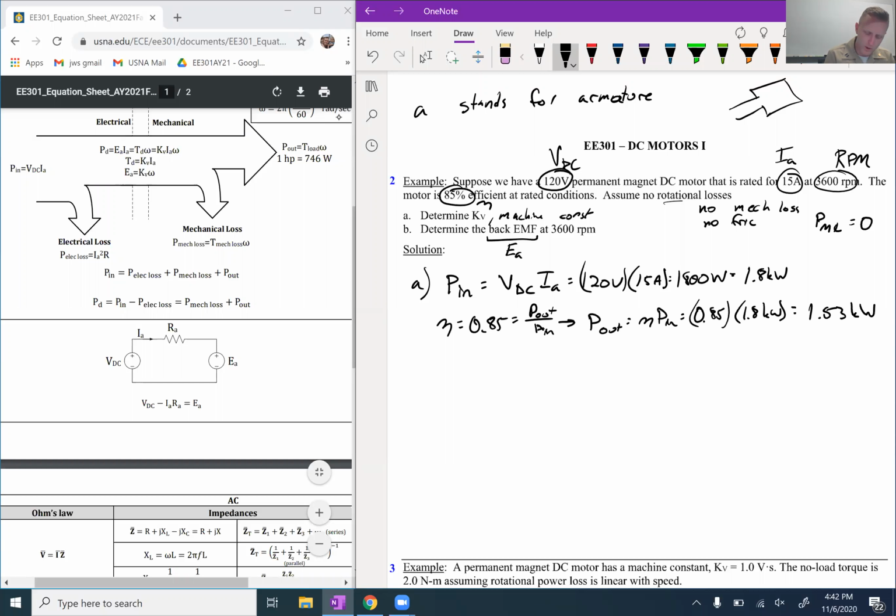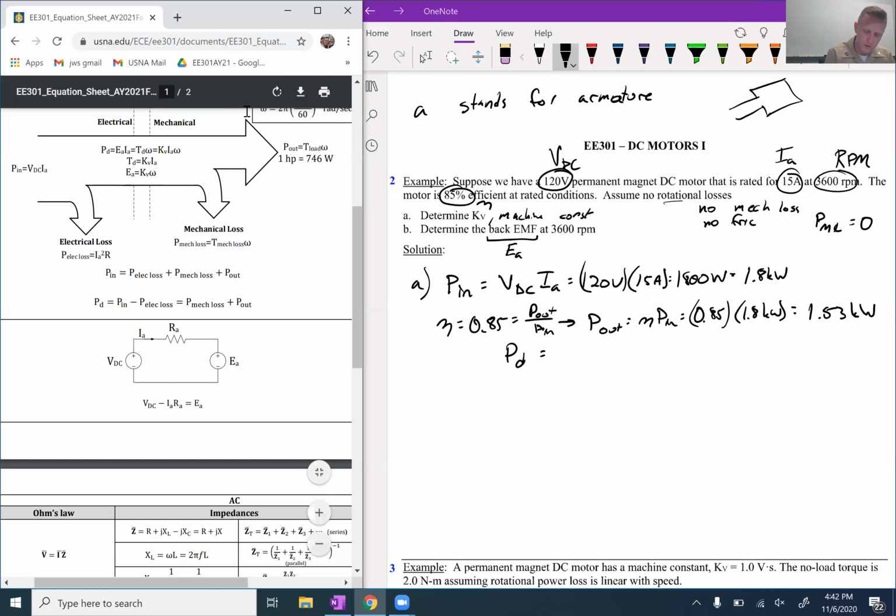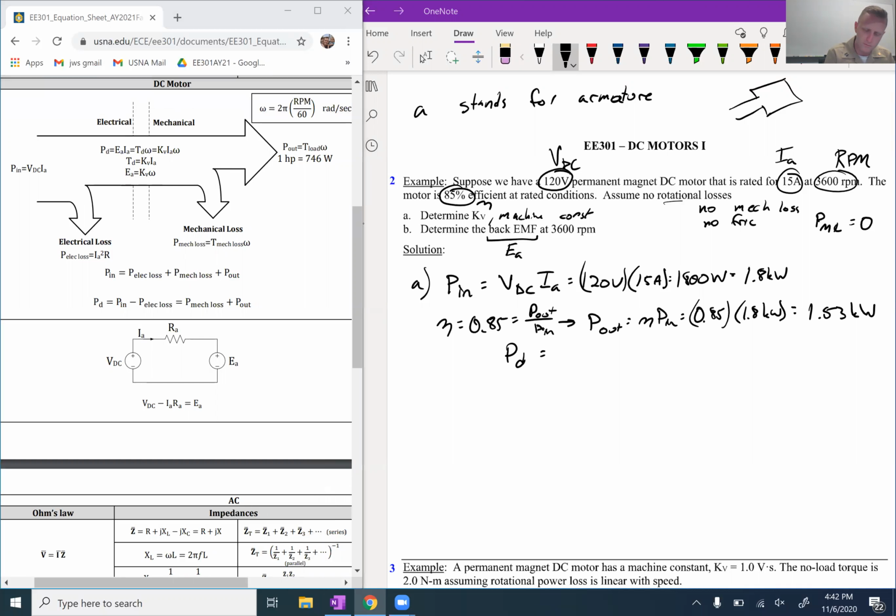If I think about these equations of the power developed, that's where the machine constant is. I know I'm going to use something in the middle of that power flow diagram. That's the only place where KV is. So for mine, I'm looking at the power developed equals, this is at the bottom of the power flow diagram. Can I highlight? Right here.